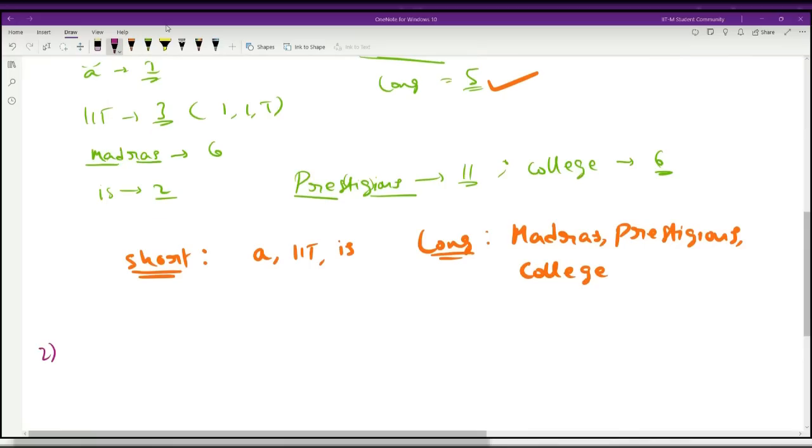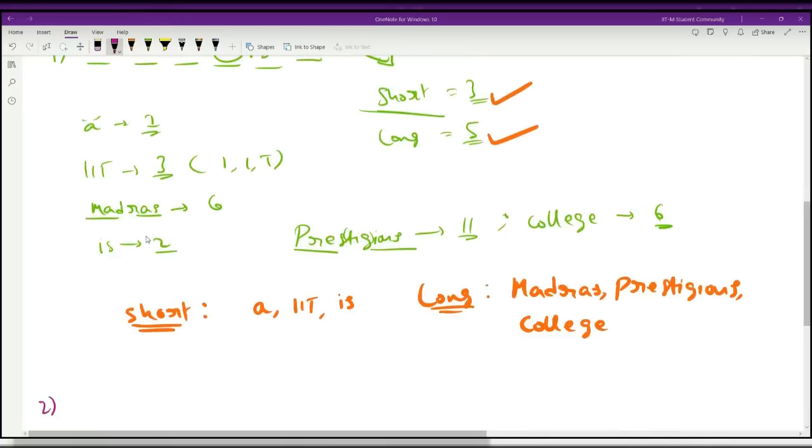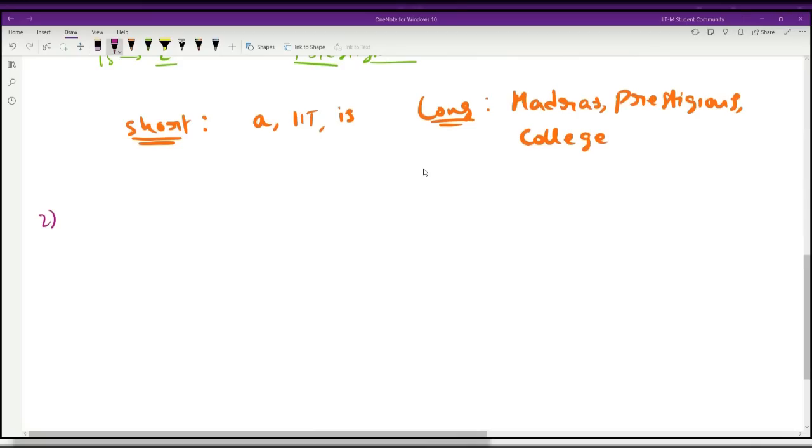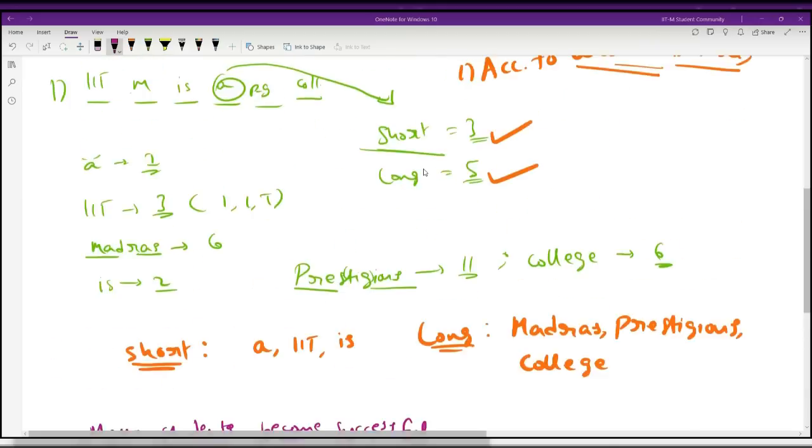The second sentence is: many successful people are made from here. Okay. Rather, we can also say this: many students become successful. Indeed, this gives a better meaning.